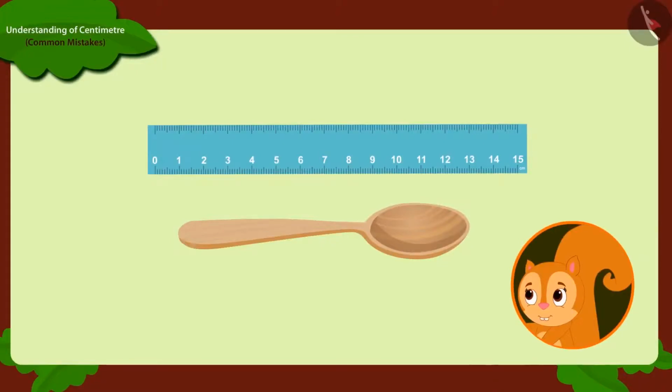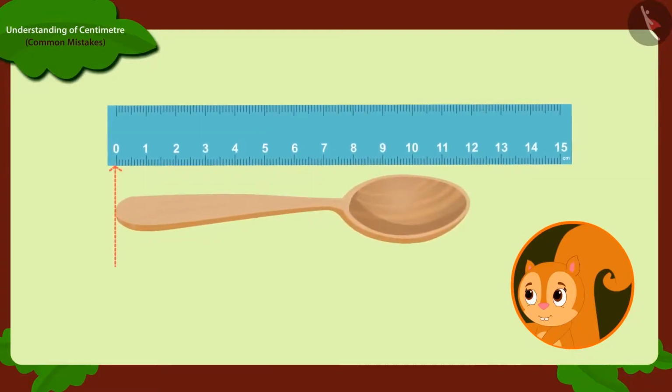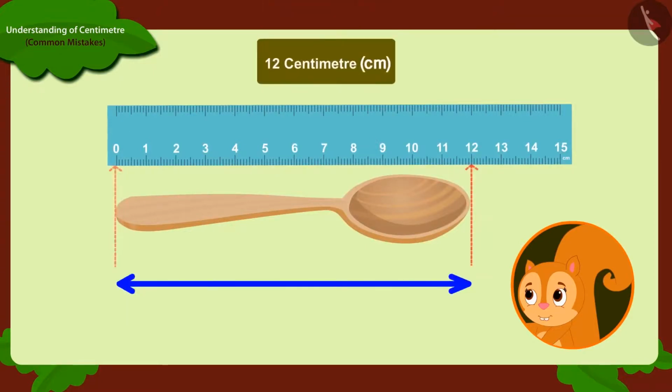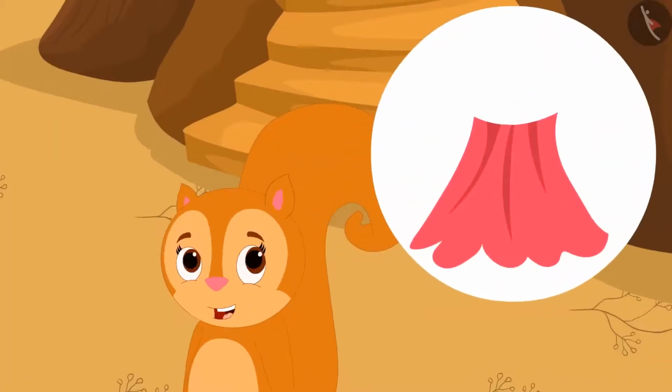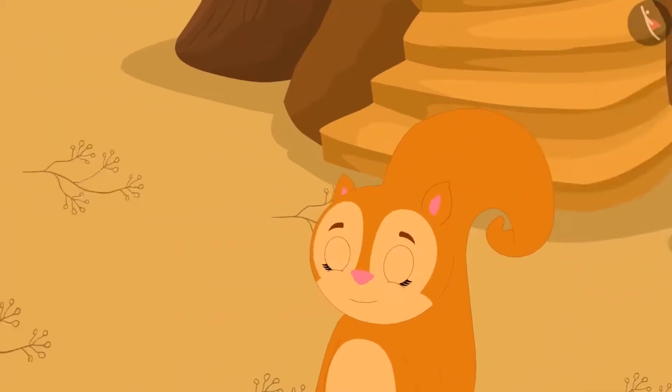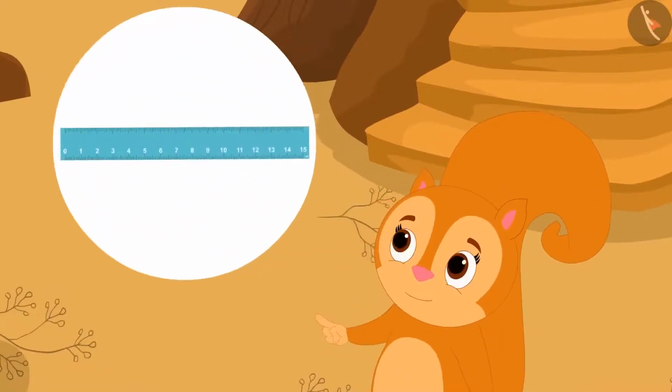Chanda realized her mistake and measured the spoon from number 0. And this time, she got the length of the spoon exactly 12 centimeters as before. Now, Chanda wants to get a skirt made for herself. Chanda is thinking, why not measure her waist using the ruler too?